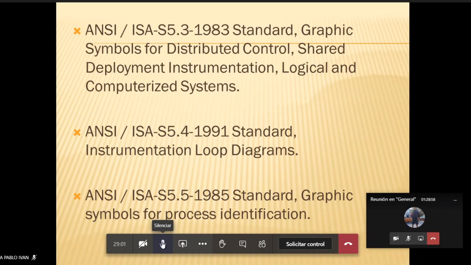Also we have another, that is the instrumentation loop diagrams and a graphic symbol for the process identification.